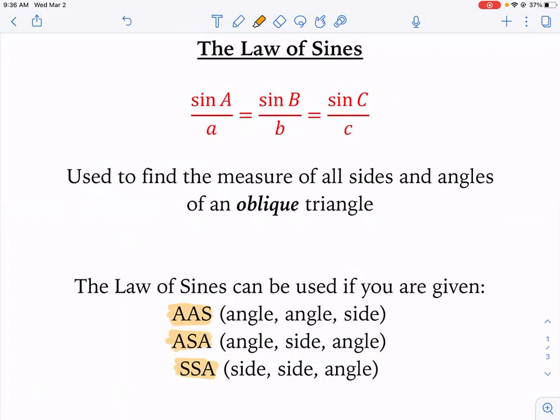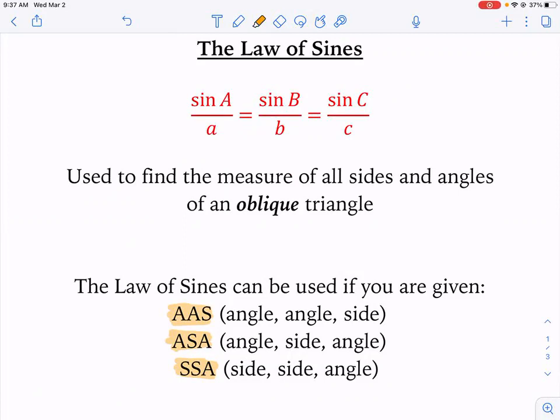So you had proofs for similar triangles that involved these. But this has nothing to do with similar triangles, thank God, right? This just has to do with these would be the sets of given information where these formulas are actually going to be helpful for us, okay?